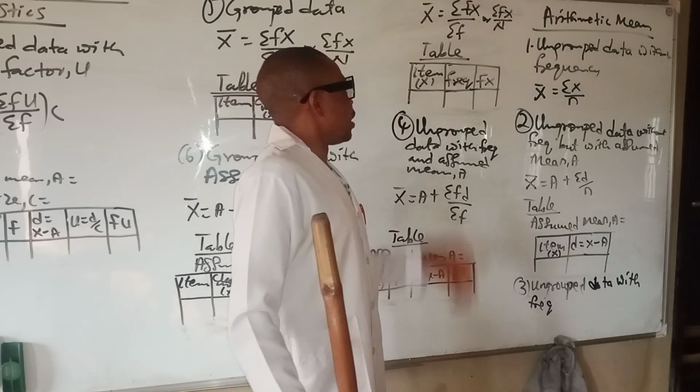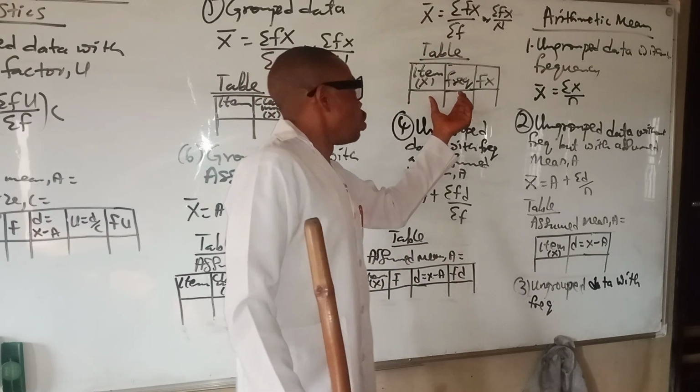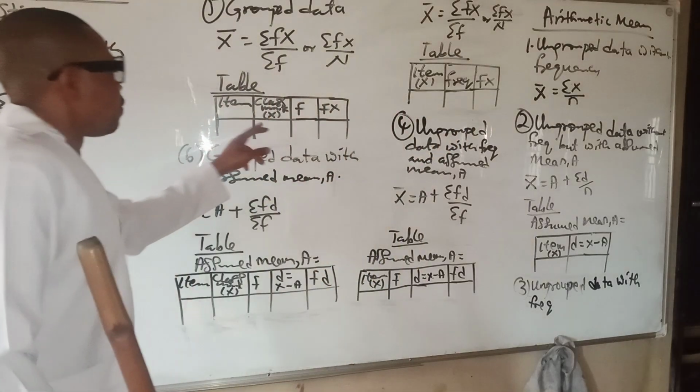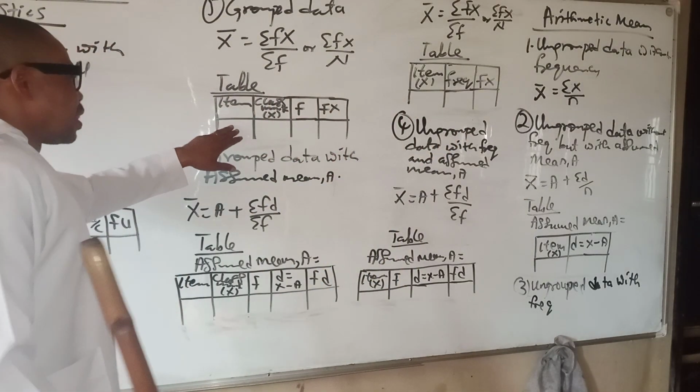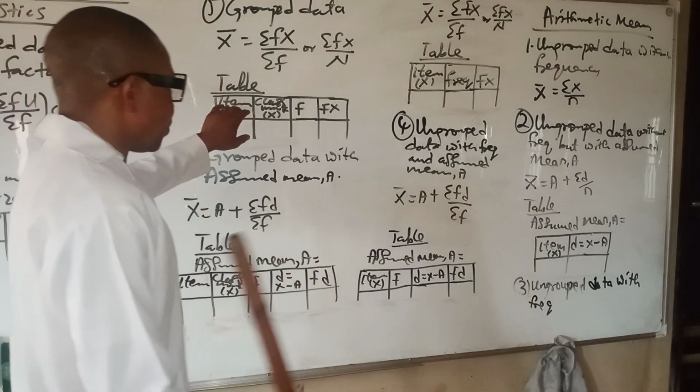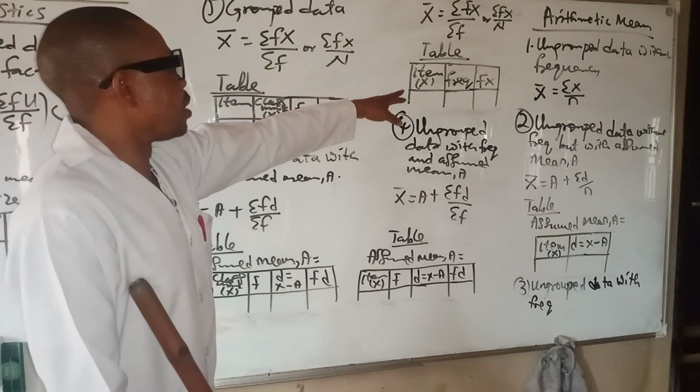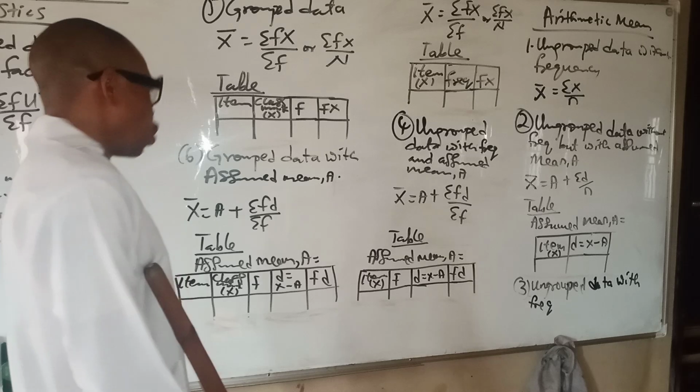The difference is their table. Here you have 3 columns in the table, but for grouped data we have 4 columns, increased by class interval, which is the item. But here you have the item directly, which is not grouped.